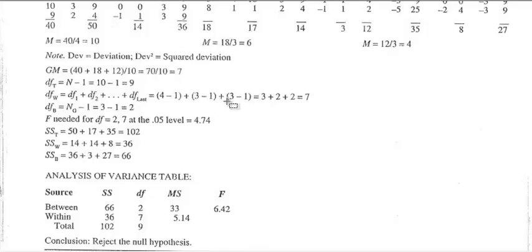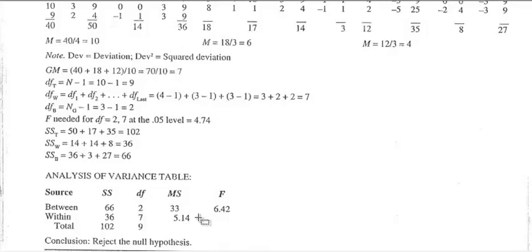Mathematically, this is the same as saying the number of subjects minus the number of groups. When we divide 36 by 7, we get a population variance estimate within groups, that is between the observed scores and the group mean for each group, of 5.14 squared units.